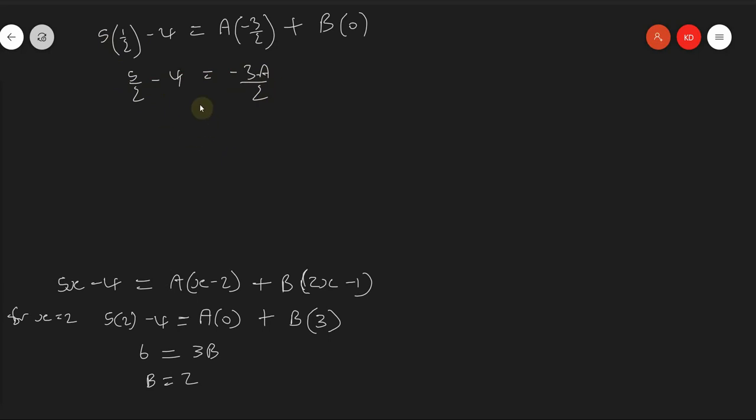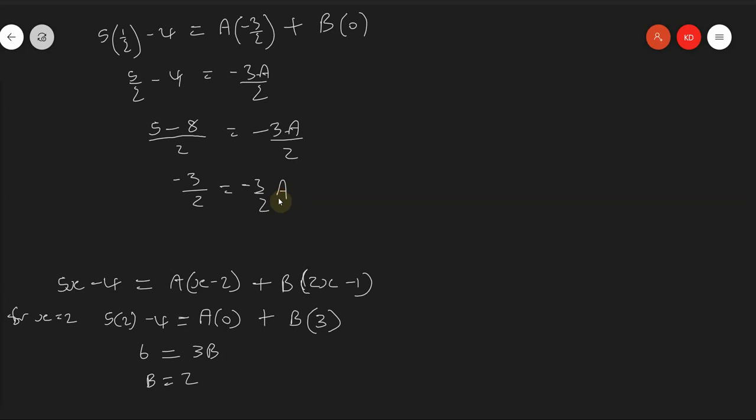Good. Can simplify this by multiplying both sides by 2 if we want to, or we can just add that 5 over 2 minus 4, so that's 5 minus 8 over 2, good, so that's negative 3 over 2 equals negative 3 over 2 a.